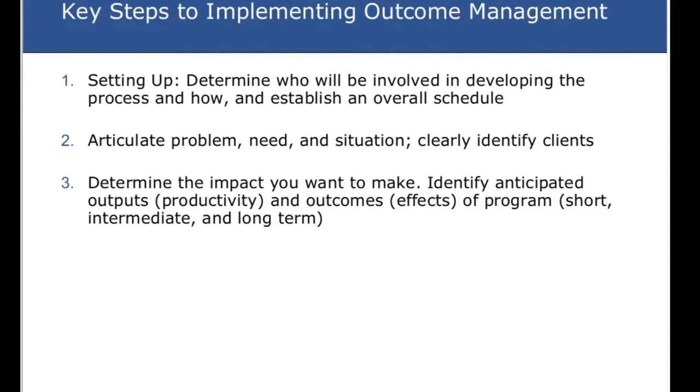Then the next step is to determine the impact. Often organizations go from step number 2 to looking at what programs they may want to create in order to address the problem.